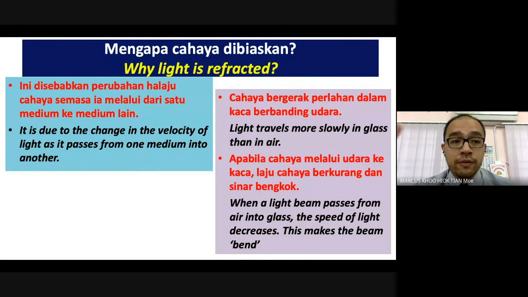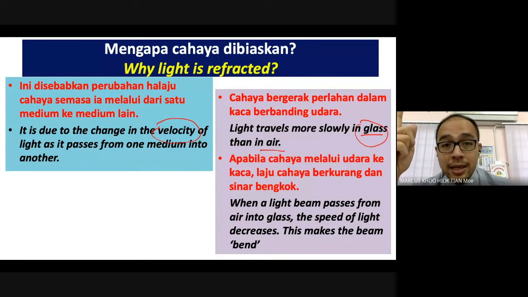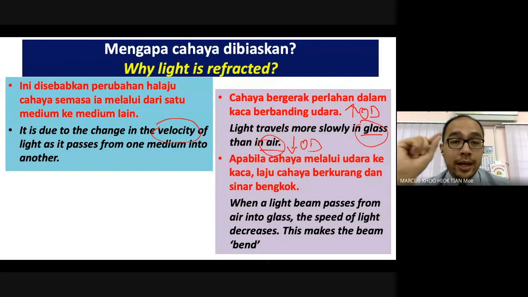So light is refracted because of the change of velocity, change of speed. Light travels more slowly in glass than in air because glass is more optically dense and air is less optically dense. Think about it in the same situation.